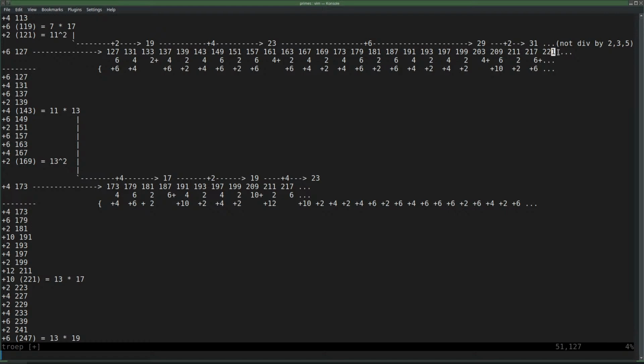But maybe it is not divisible by 2, no, and not by 3, indeed, and not by 5. But we're talking about these, so yeah, then that cannot have a factor that is in here. 13 times 17 is just too large. So that stays probably. Belongs to an offset of 4.